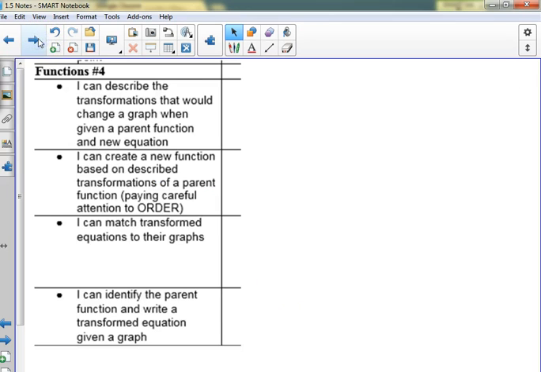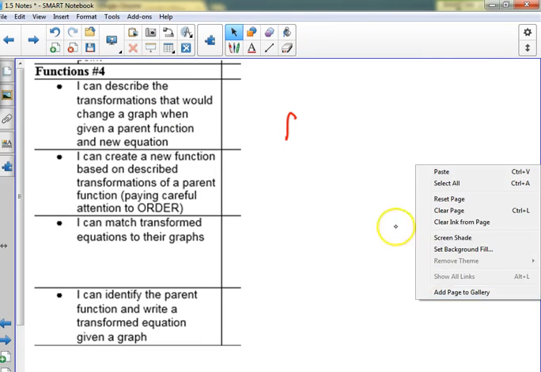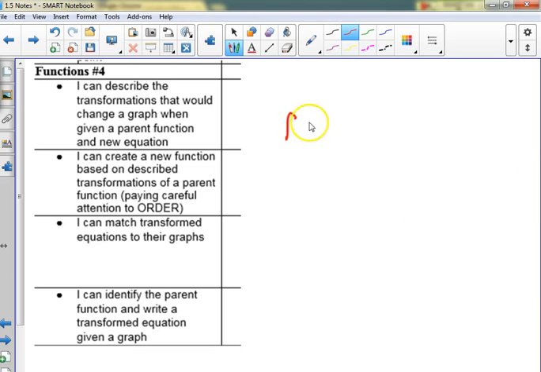All right. So today we're going to start talking about graphing transformations, describing transformations, writing equations for transformations, all this fun. So eventually you will have to take something like this, and I'm going to write this.